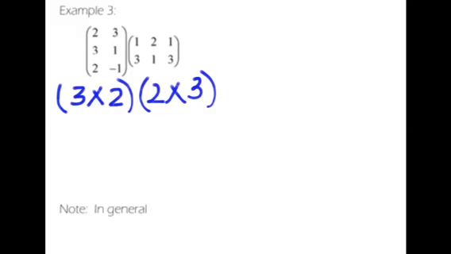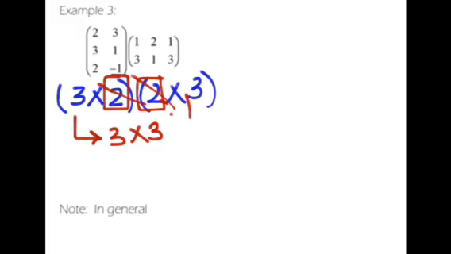So can you multiply these two together? What are you supposed to check? You check if this number and this number are the same, which they are, and you will end up with a 3-row by 3-column matrix in the end.